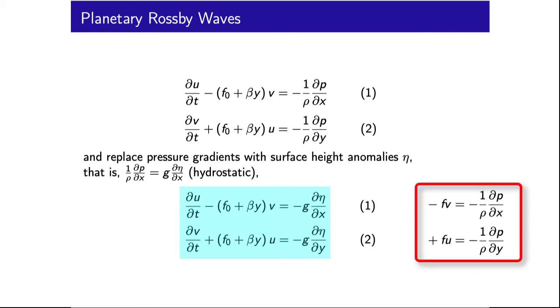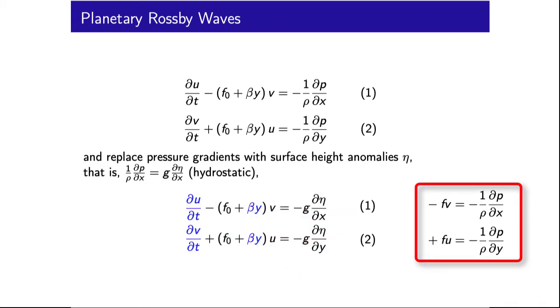Note here that we can recognize the geostrophic balance in these expressions. That is, these expressions contain hydrostatic geostrophic terms here in black, and terms that we call ageostrophic here in blue.